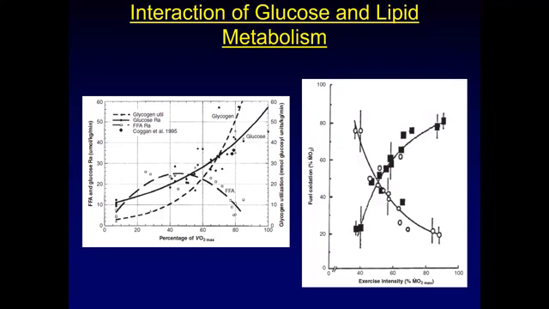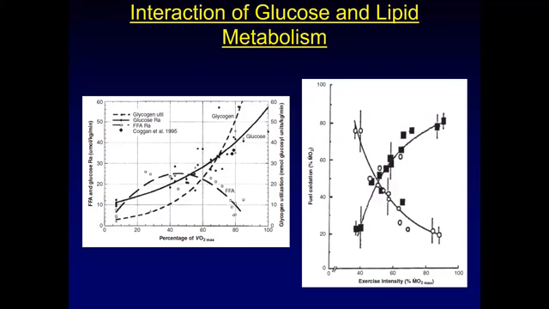Here's fat, and here's carbohydrate. At low intensity exercise, we're at like 80% fat, 20% carbs. That's probably a walk. As we increase, we reach a point where they cross over each other, basically 50-50, and then fat begins to drop and gets replaced by an increase in carbohydrate.